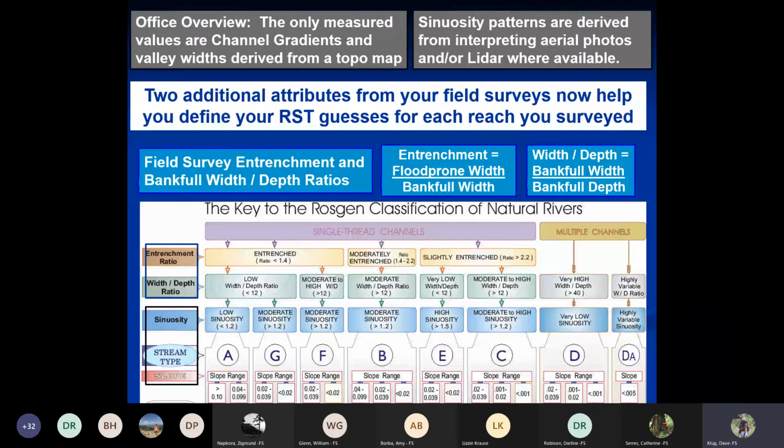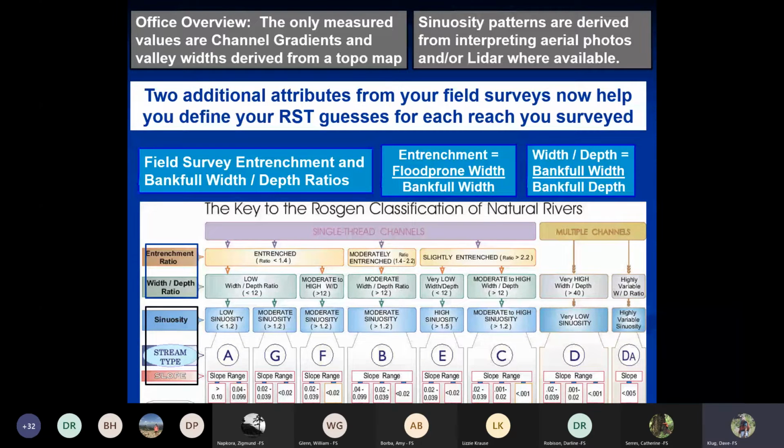You'll have that data available, and I would encourage you, if you can, in the field at the end of the survey, to crunch those numbers, find out what those entrenchment and width depth ratios are, and plug them into your chart and see if the Rosgen stream type that you preliminarily determined is correct, or do we need to adjust it?